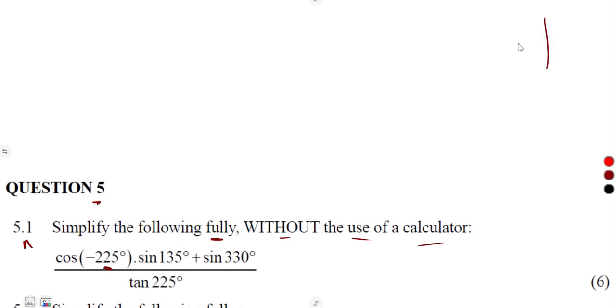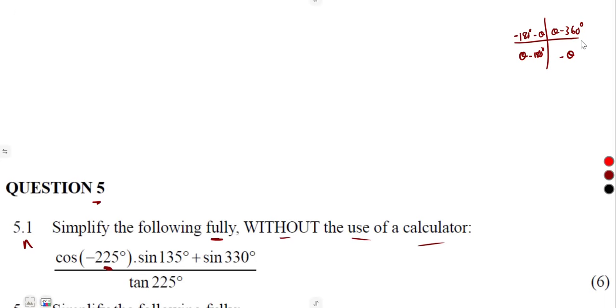So remember, negative angles are taken as minus theta, theta minus 180, minus theta minus 180, or minus 180 minus theta, theta minus 360 degrees. So if you check, we are taking our angles going this way.